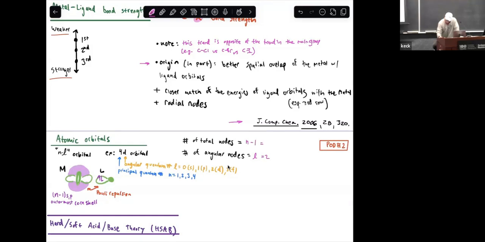So it's equal to the number of angular nodes plus the number of radial nodes. So that's where you were saying there should be 1. In this case, you're 4d, so your total number of nodes is 3. You have 2 angular nodes, which means you have 1 radial, if I understood you correctly.